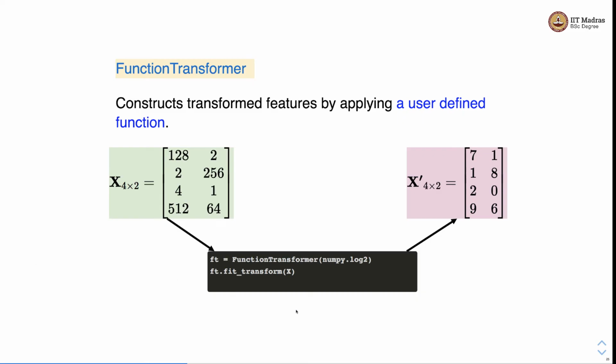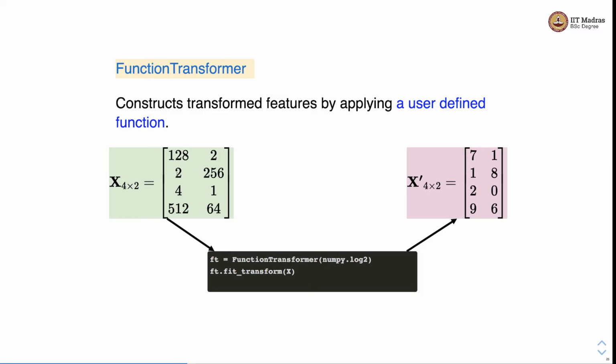So what happens is we apply the log to the base 2 to each feature and obtain the transformed feature set. You can see here that this 128 is transformed to 7 because log of 128 to the base 2 is 7.